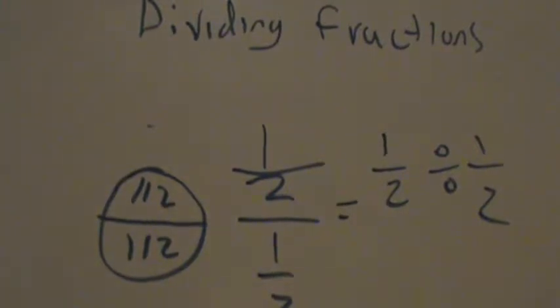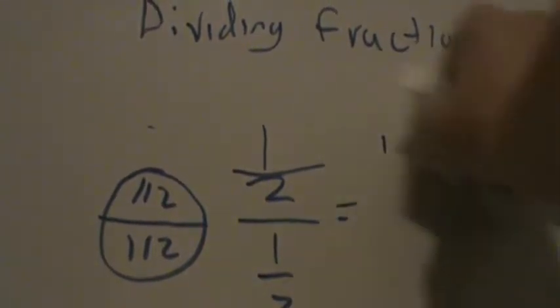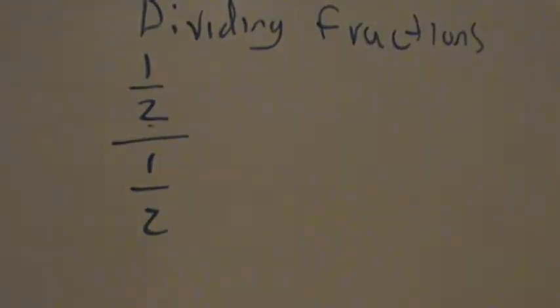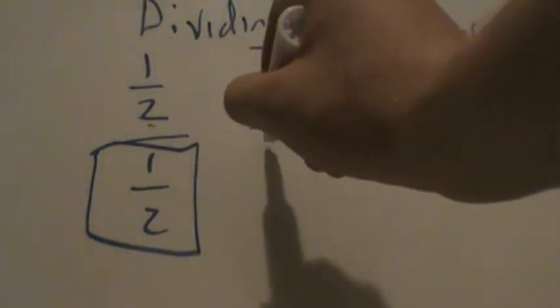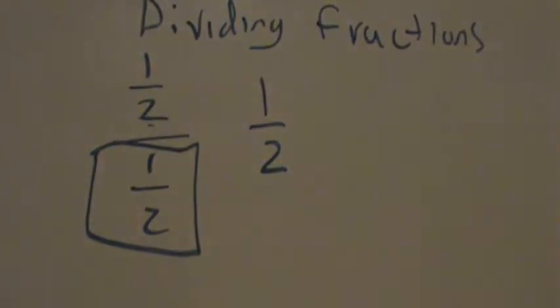Now, what would we have to do here? Well, we know we have to get 1 here, for this to make sense to us. So I'll tell you what happens. When you divide a fraction by a fraction, the only thing you have to change is this bottom fraction down here. So you just rewrite the first fraction.